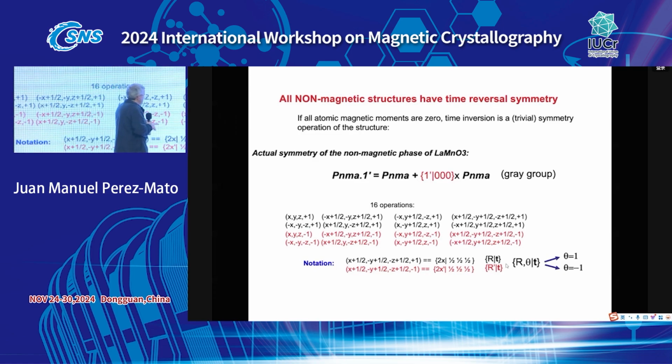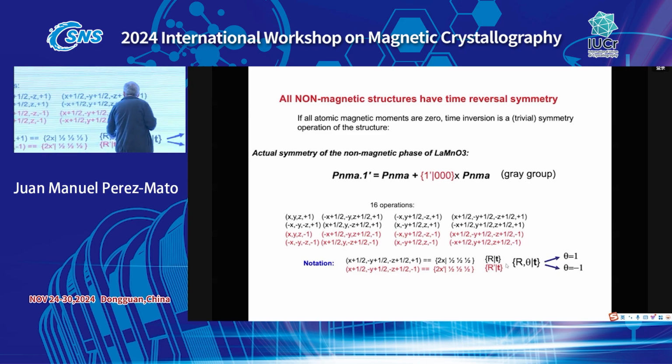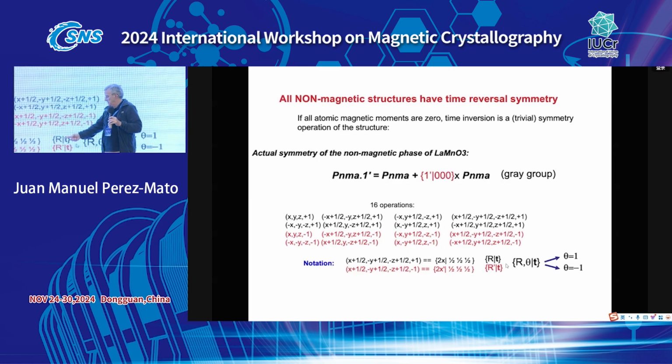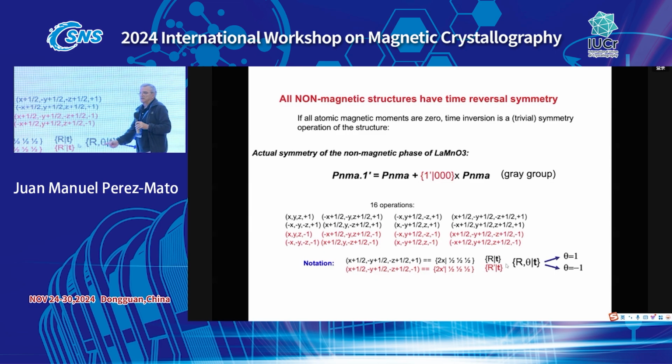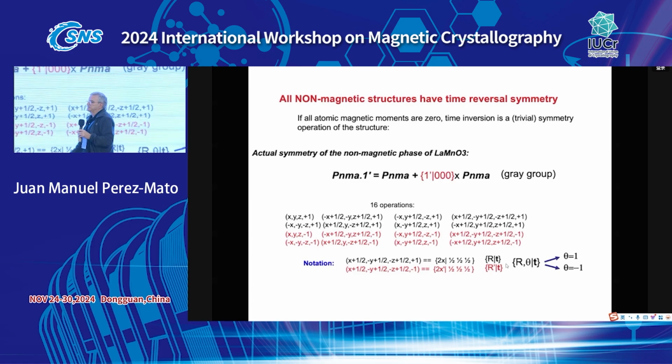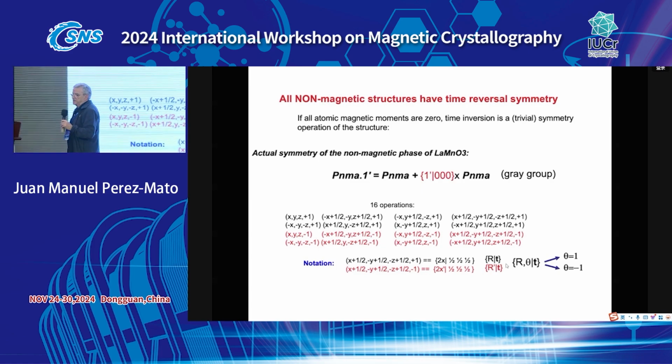Again, a question of notation. This was the notation for a space group operation, R for the rotation, T for translation, and we just extend this notation by including a prime if it includes time reversal, or alternatively we can use a symbol theta, which can be +1 or -1, to indicate if time reversal is included in the operation.